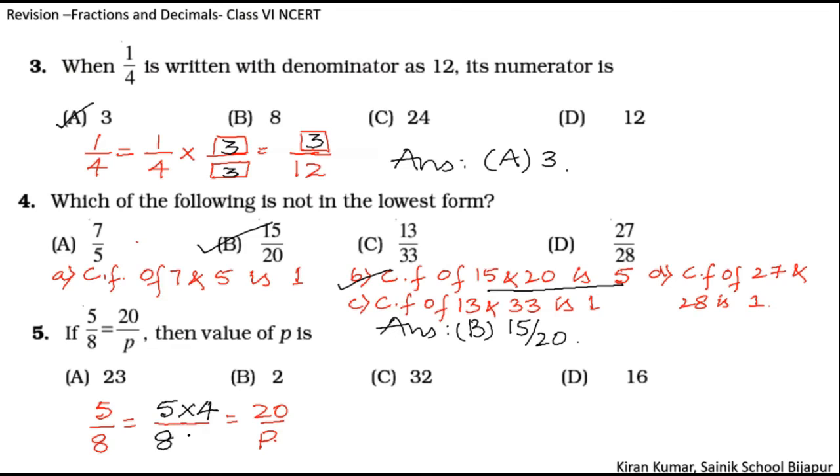So we need to multiply 8 by 4 to get the value of P. This means that the value of P is 8 multiplied by 4, which is 32, and the answer for the question is option C, 32.